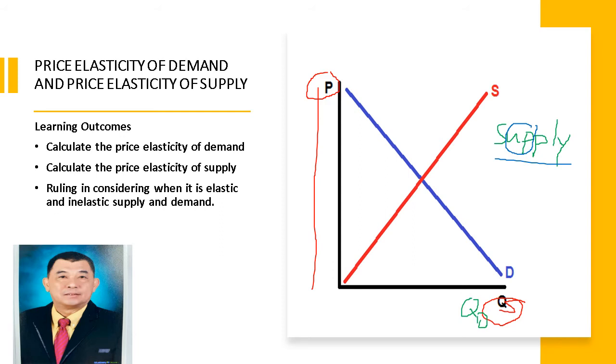Meaning to say, if there is a change in price, you identify that change in price and then the change in quantity, and based on that, we find out whether that situation is elastic, inelastic, or unitary. Very good. Let us proceed.